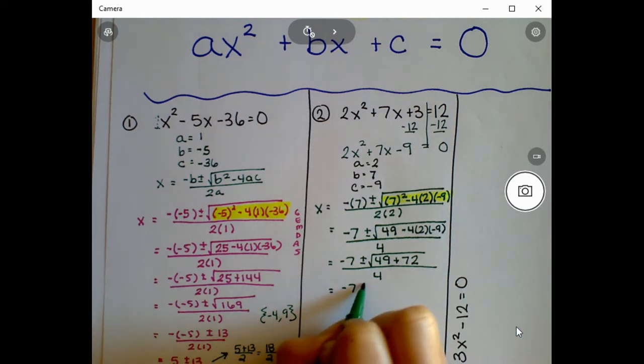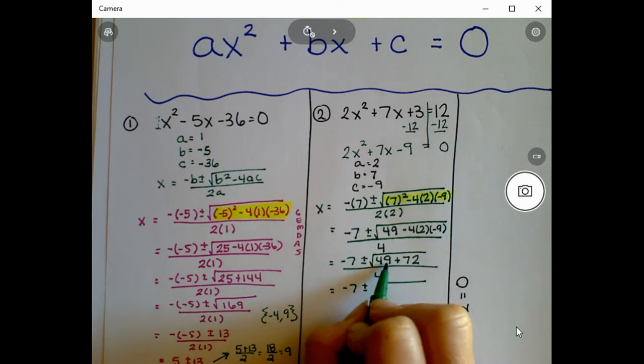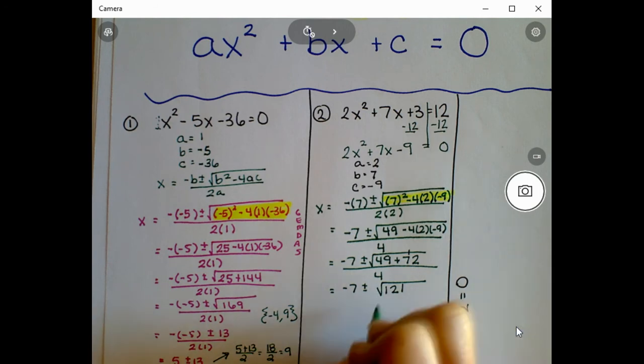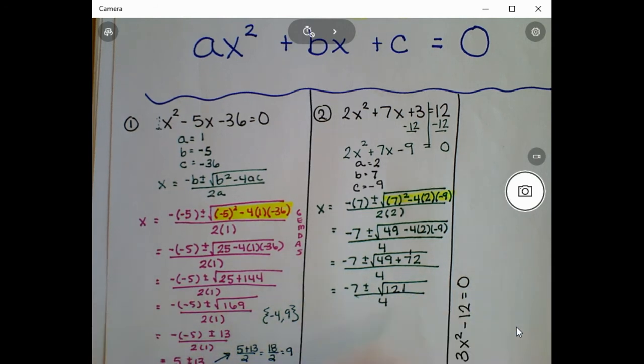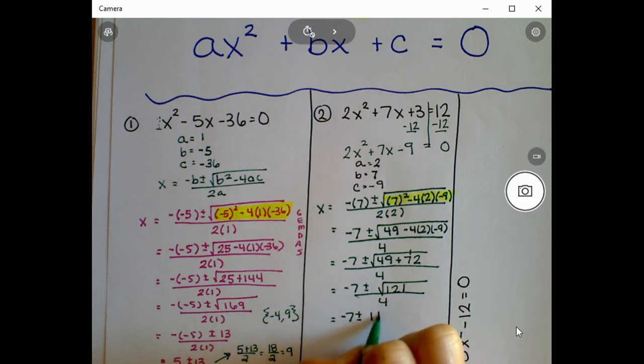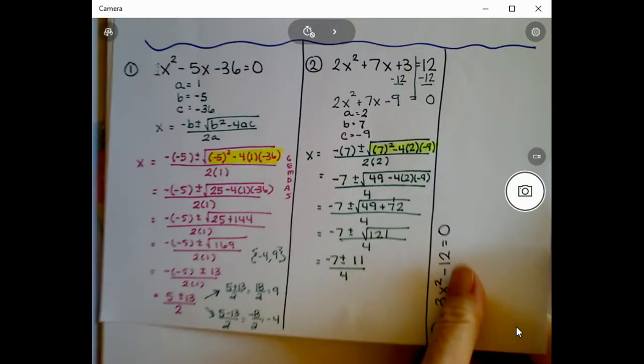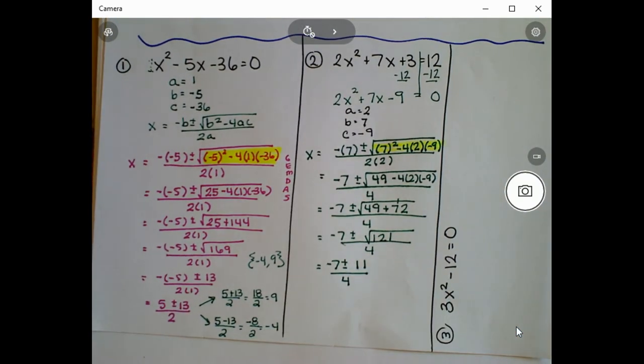All right, negative 7 plus or minus. I'm going to add those together. So 49 plus 72 is 121 over 4. Okay, and hey, this is a nice one too. Negative 7 plus or minus the square root of 121, which is 11, over 4. And that is the point where we split off into 2.